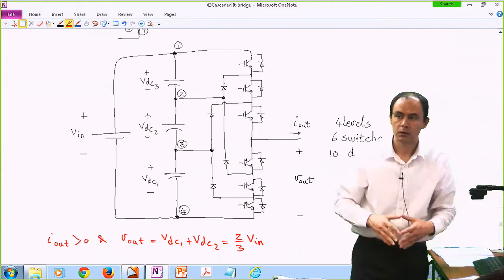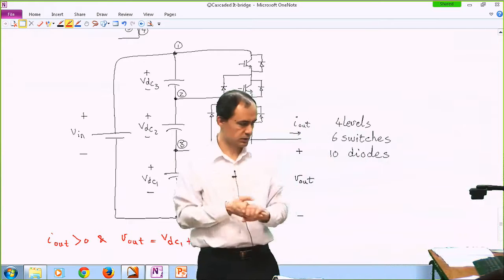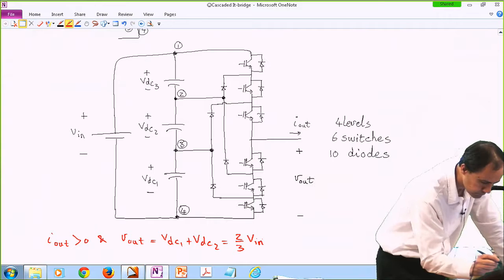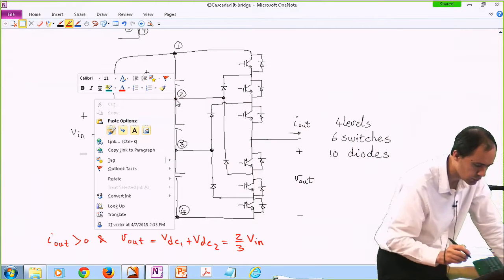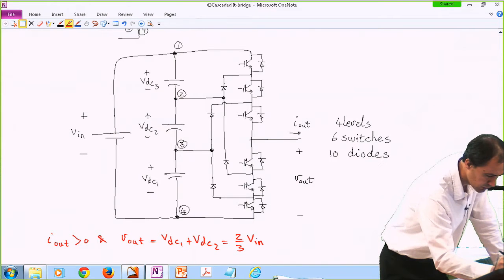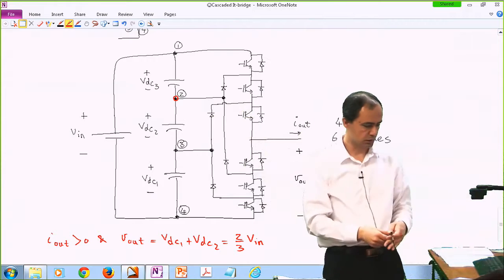Okay, so the question is which one of these switches we should turn on, basically. So remember, I out is positive. So what we have to do is, we want to select node number 2. So we are trying to select this node and short this node to our pole on the output side.